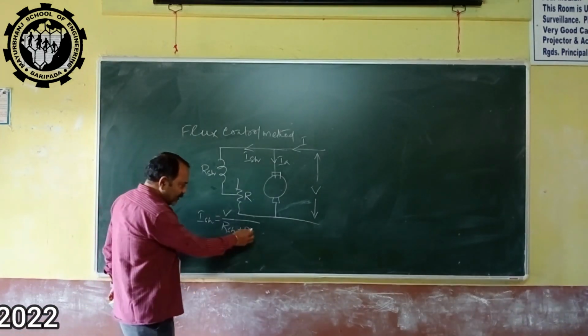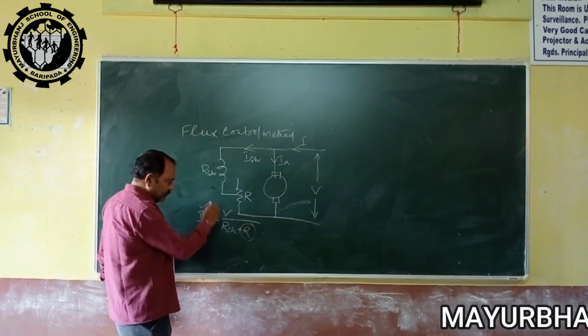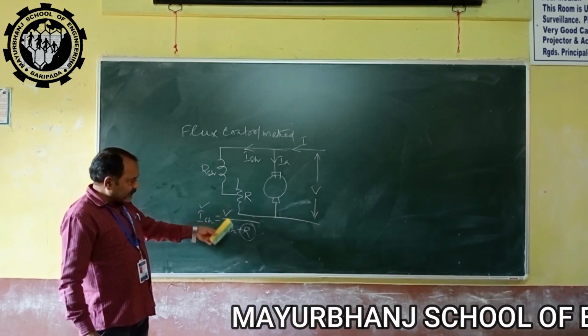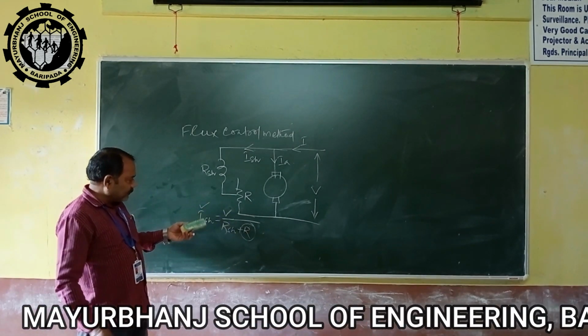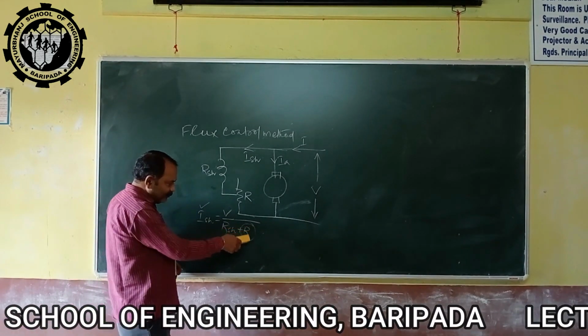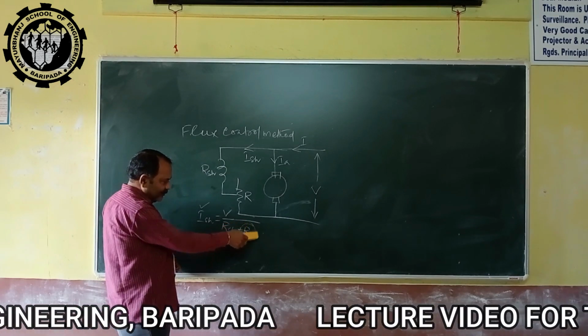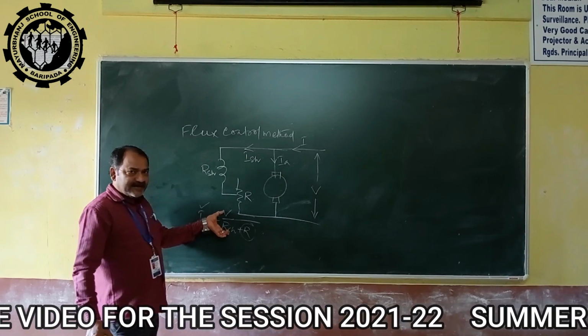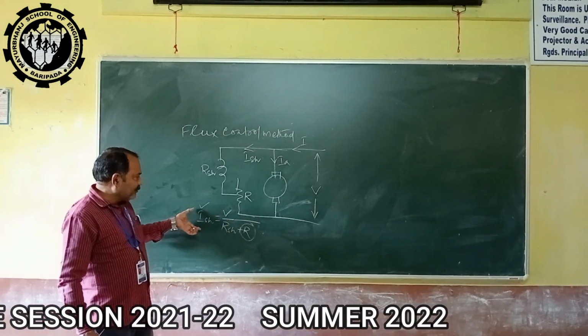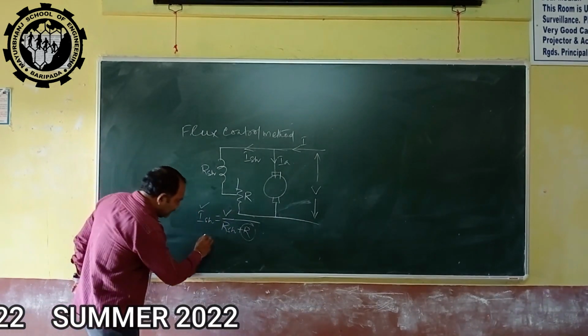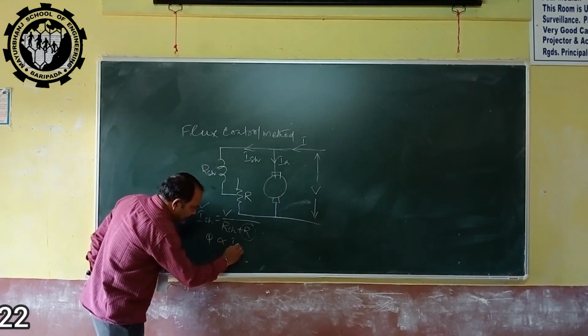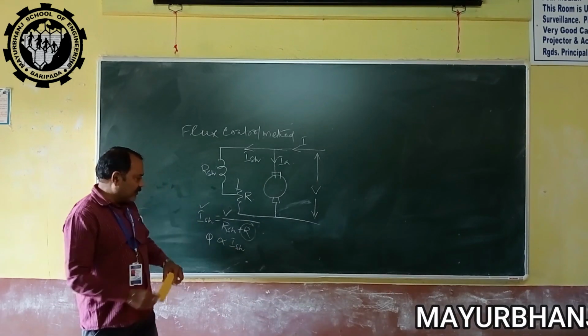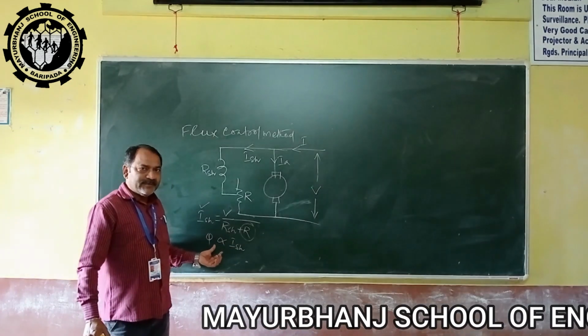So by varying R, we can vary Ish. The minimum value of R is 0. With the minimum value of R, V/Rsh is the maximum current, and we know that flux is directly proportional to Ish. So if the current is maximum, the flux will be maximum.